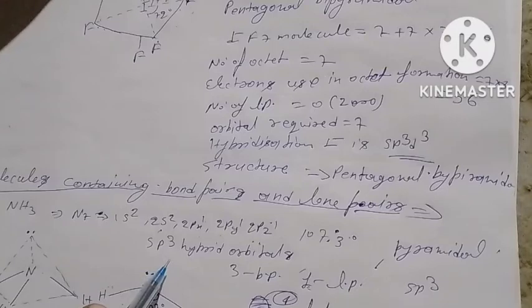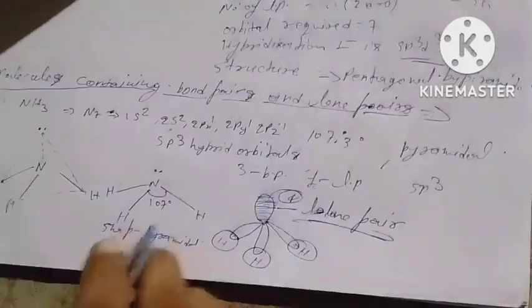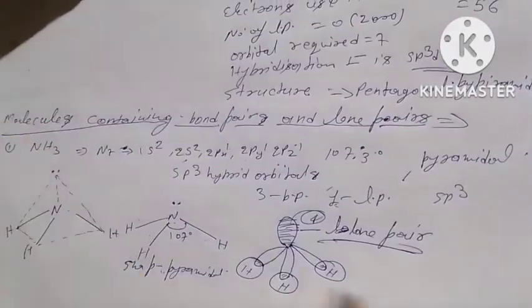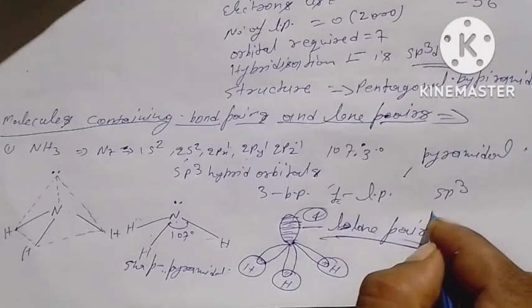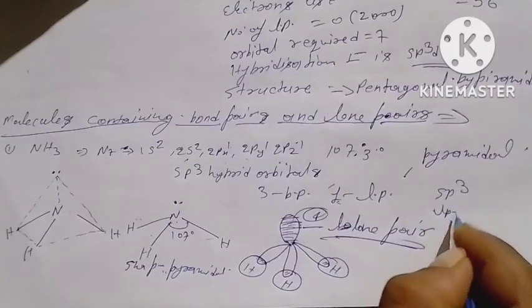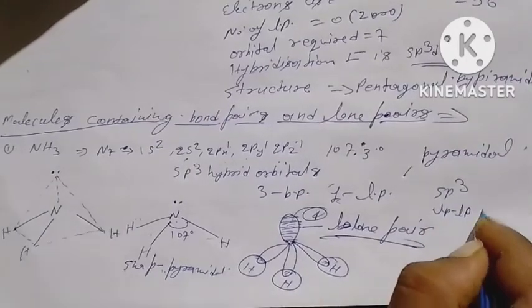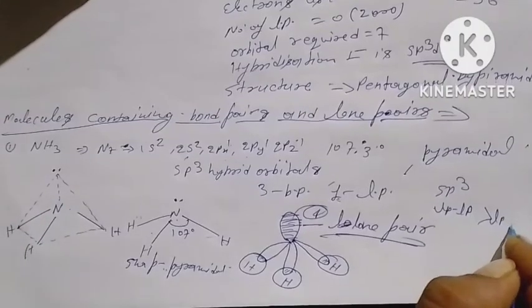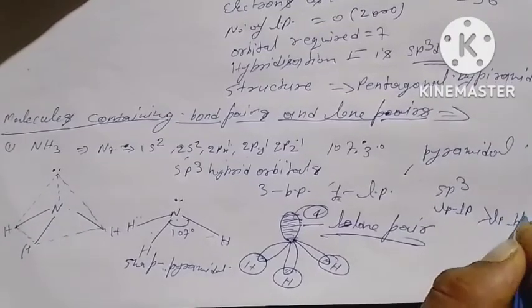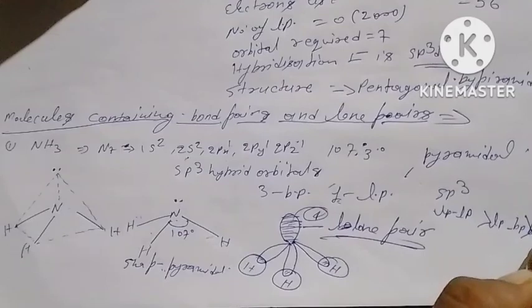According to VSEPR theory, the order of repulsion is lone pair-lone pair is greater than lone pair-bond pair, which is greater than bond pair-bond pair.